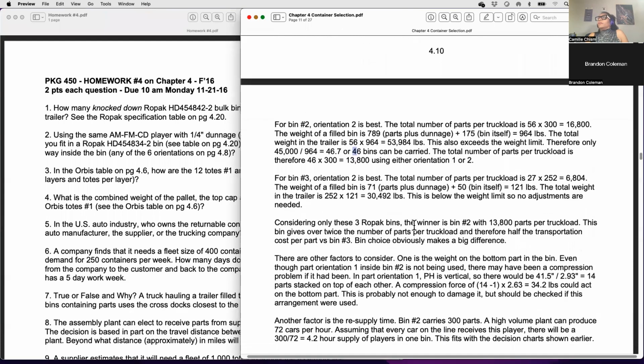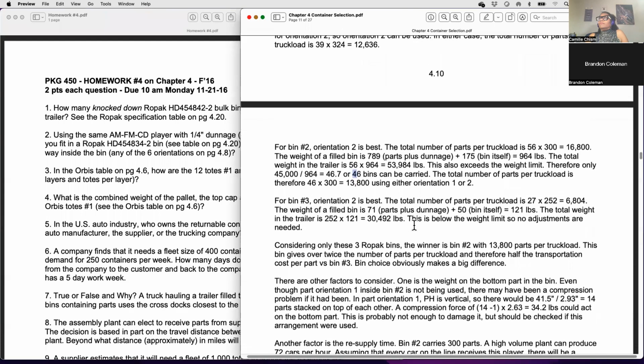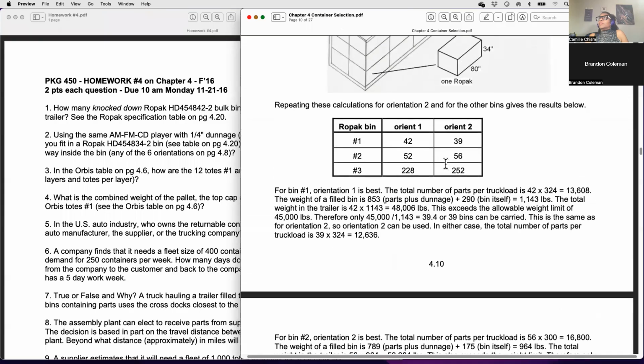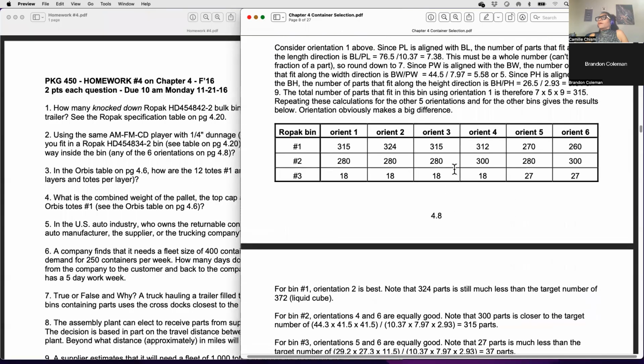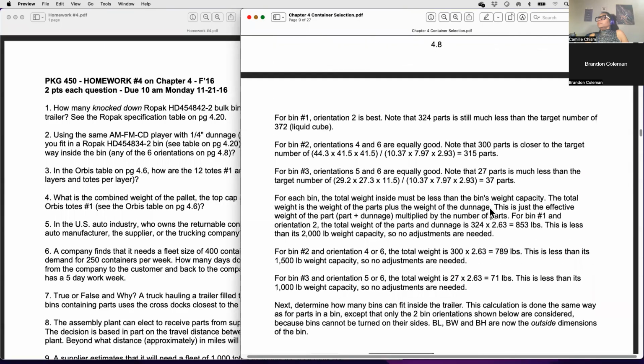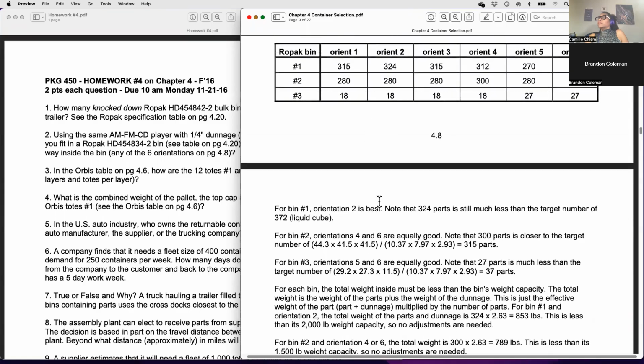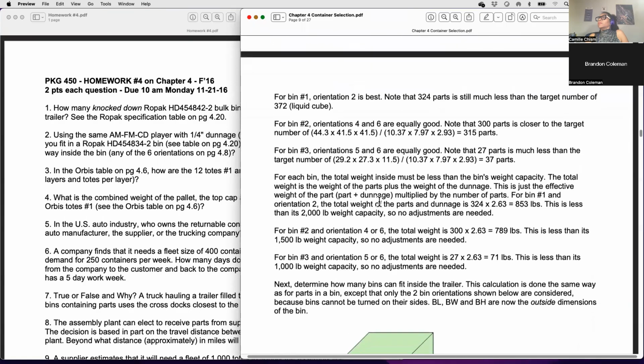Okay, so then for bin number 3, the same thing. Orientation number 2 was the best at 252. Just to refresh your memory, that was looking at bin number 3 with 37 parts.